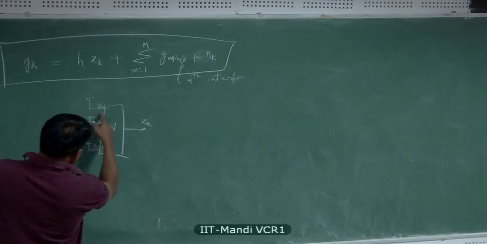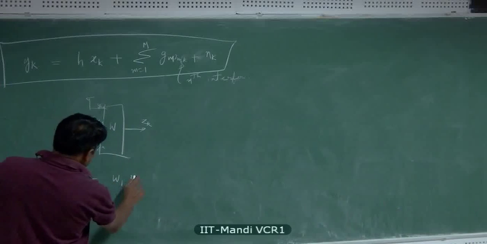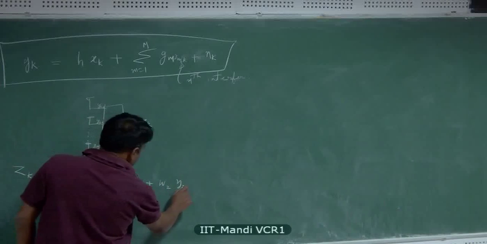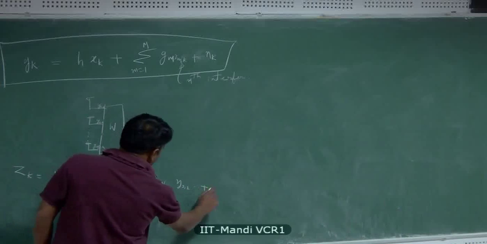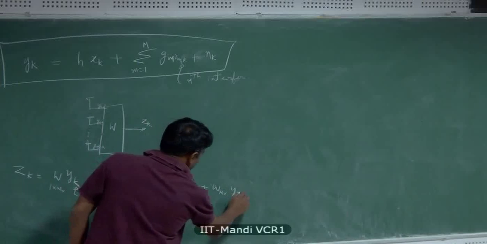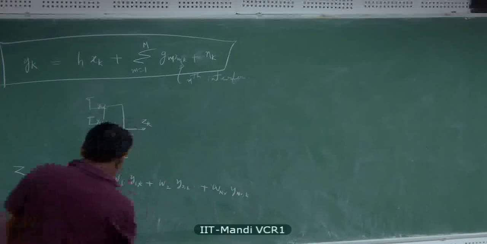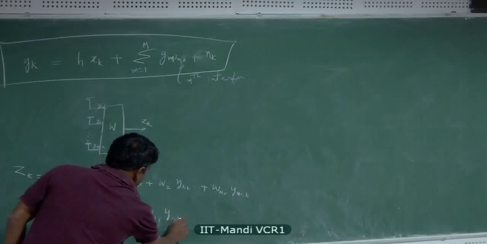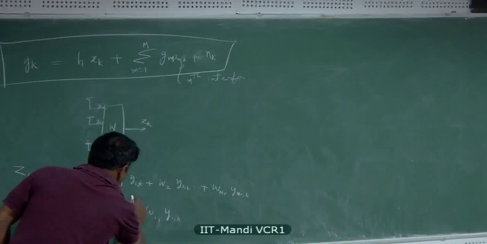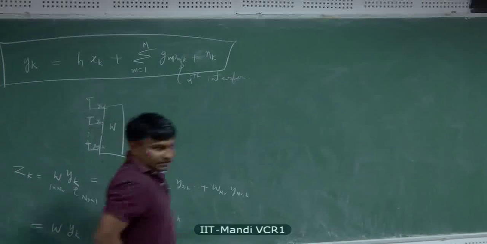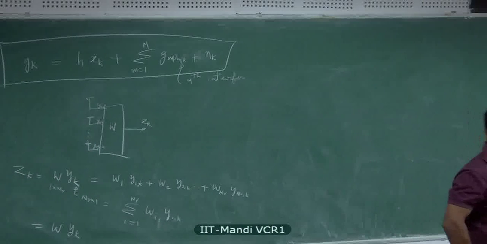We're taking w1 y1k plus w2 y2k and so on up to wNR yNR k. That is equal to the summation of wi yik, i equal to 1 to NR. That can be equivalently written in vector form as w times yk. That is the combiner we are talking about.